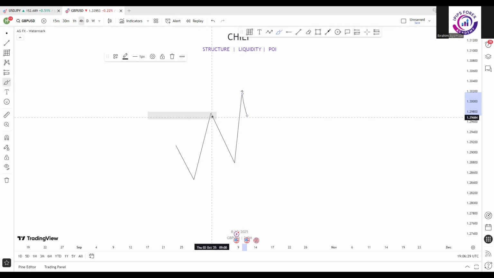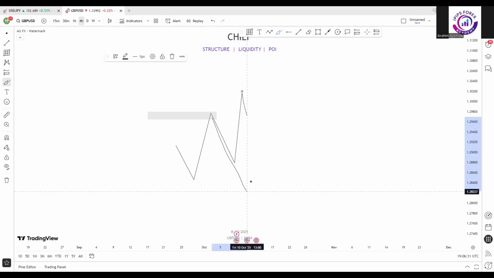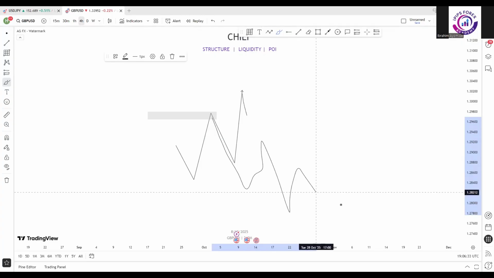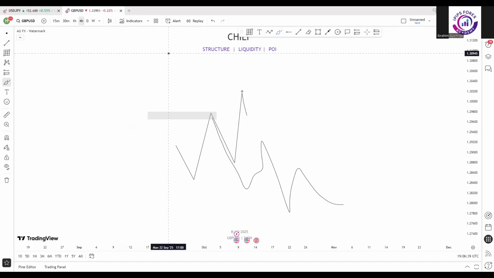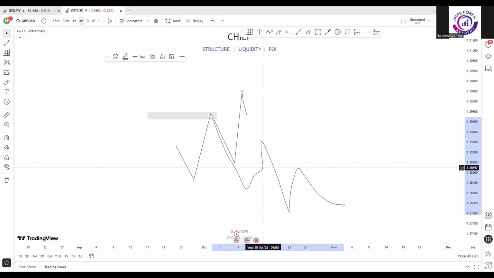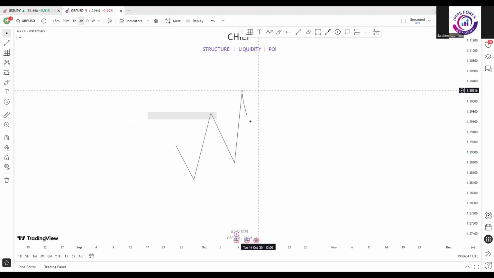Okay, sorry. Then it will be like this. Then that's when you can say the trend has changed, because it reacted to a valid supply here. But if that did not happen, then you know we are still in an uptrend. That is just what keeps on going.